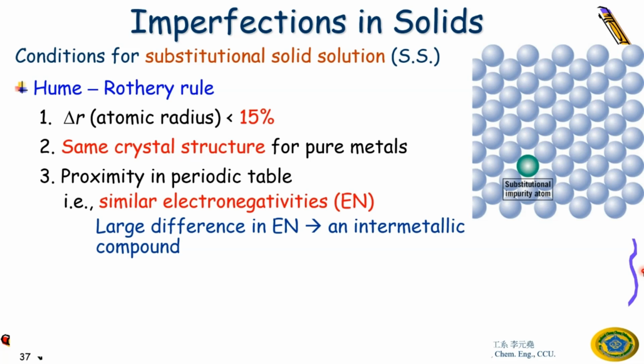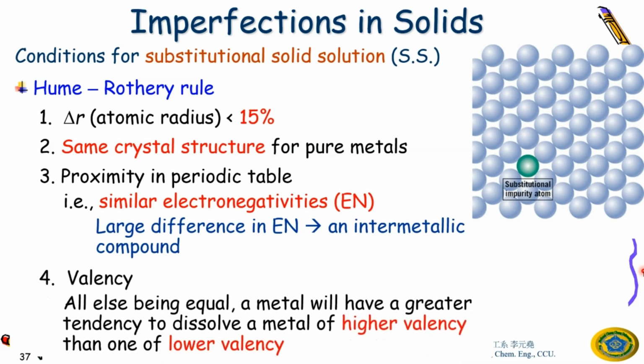That means you have similar electronegativity. If you have a large difference in electronegativity, it will be easier to make an intermetallic compound instead of a solid solution alloy. The fourth point is valencies. All else being equal, a metal will have a greater tendency to dissolve a metal of higher valency than one of lower valency. Okay?